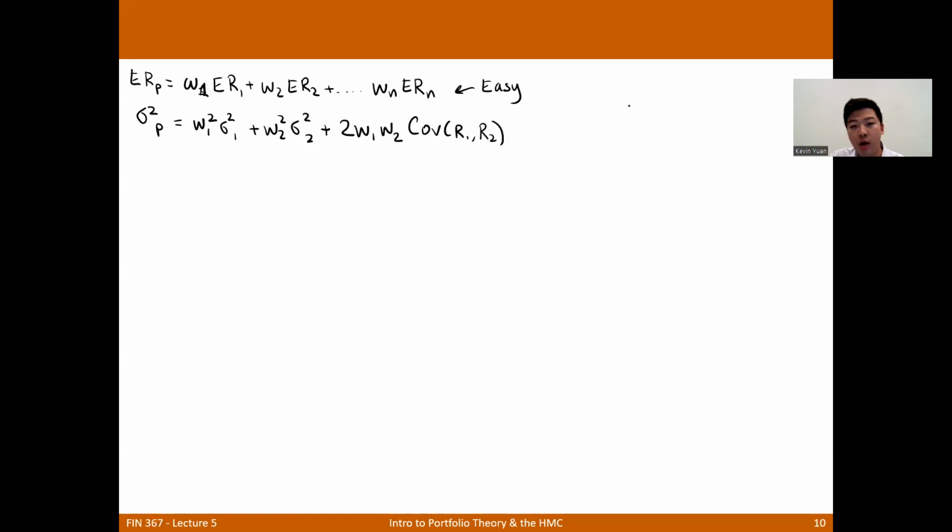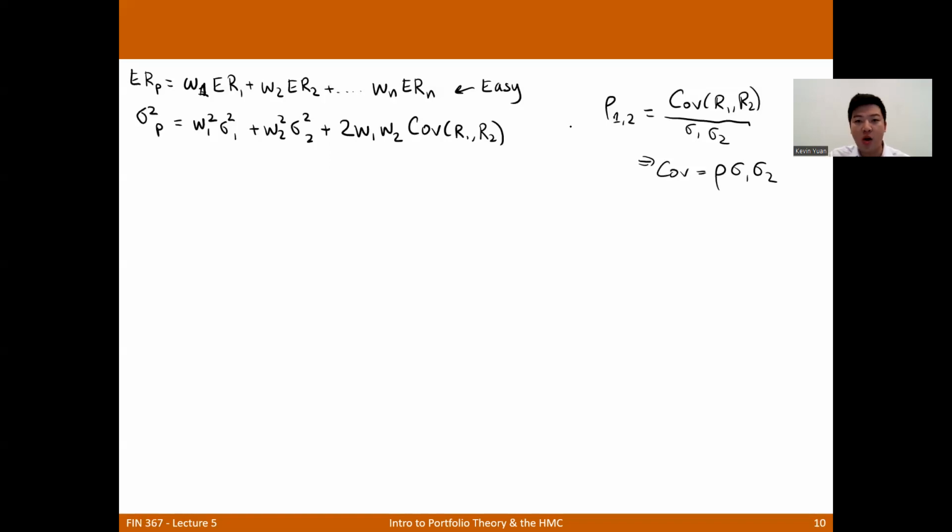And we also talked about how the correlation between stock 1 and 2 is simply the covariance of 1 and 2 divided by the standard deviation of 1 times the standard deviation of 2. So we can substitute out. This implies that the covariance is equal to the correlation times sigma 1, sigma 2.